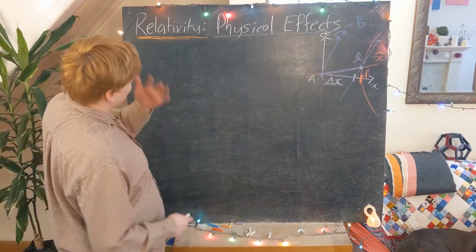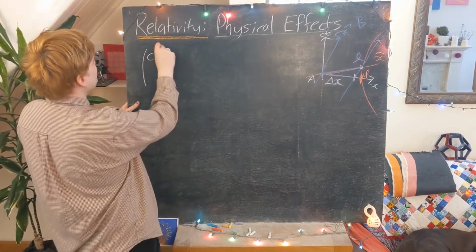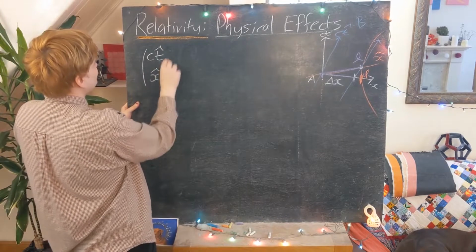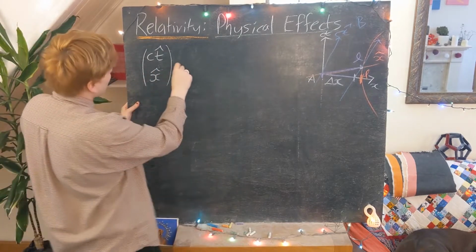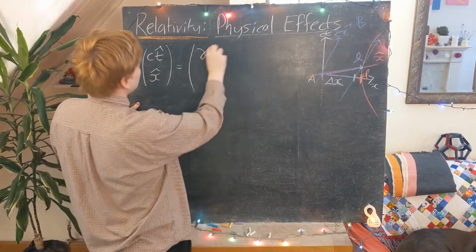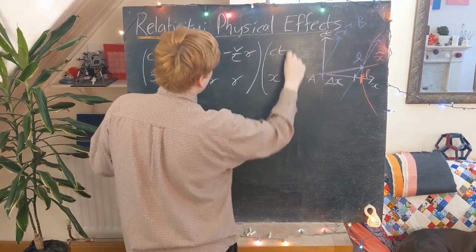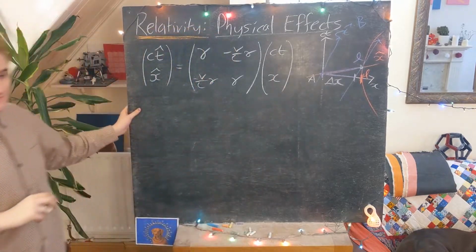So what I'm going to want to do is express my new coordinates, i.e. the boosted hatted coordinates, which are going to be given by our Lorentz boost matrix times our original coordinates.